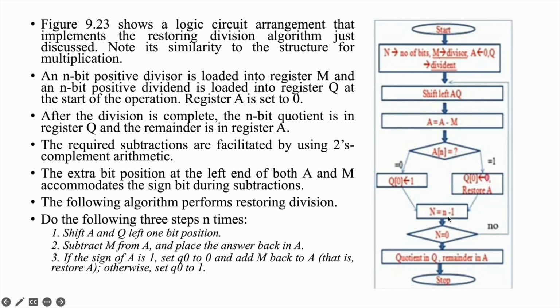We decrement the n value by 1 and check the value of n. Is n equal to 0? If it is 0, we stop the process, and if it is not 0, we again shift left AQ, perform all these operations and check the value of n. After n reaches 0, we have the quotient in Q and the remainder in A, and we stop.